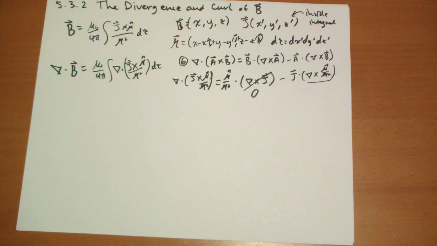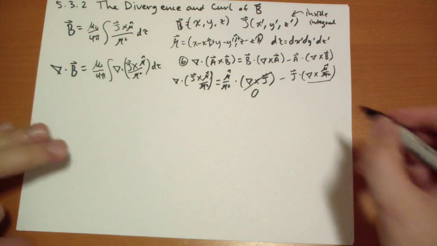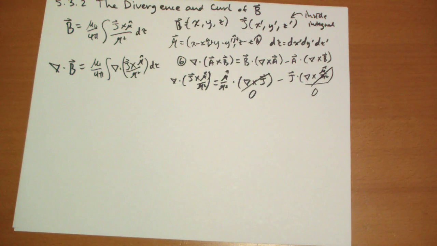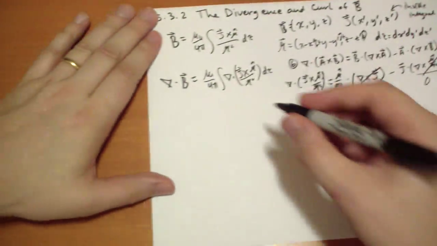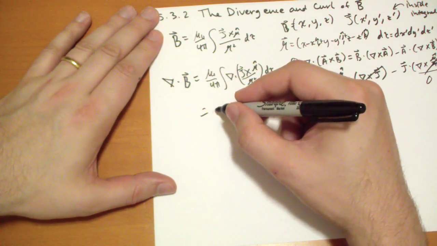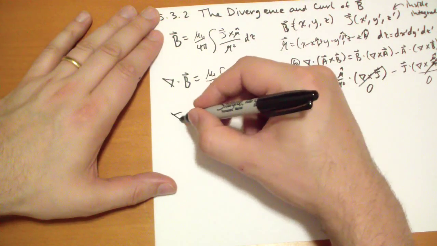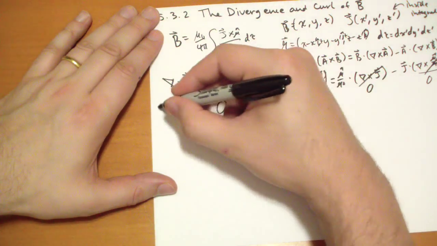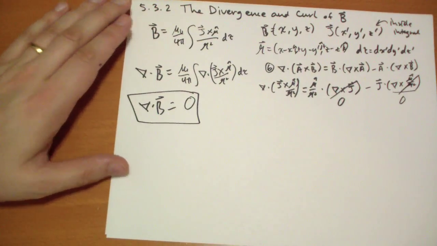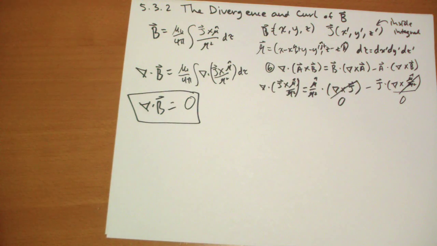If you went back to chapter 1, there was a problem about what the curl of vector fields that look like this is, and the answer is that the curl is 0 as well. So this one is 0 as well. So the divergence of B is equal to the integral of 0. So the divergence of B is 0, thanks to product rule number 6 and our meticulous accounting for variables.